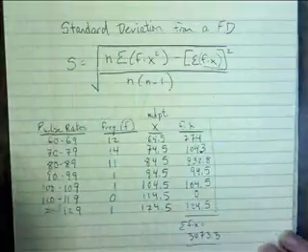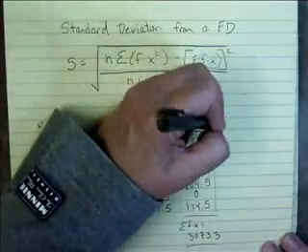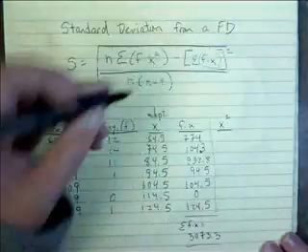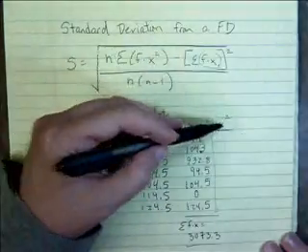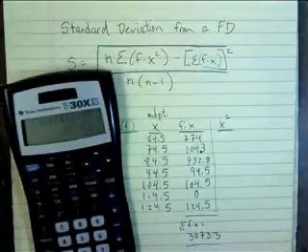So the next quantity that I need to think about is the frequency times x squared. We know that x is the midpoint. X squared is the square of each of these numbers.